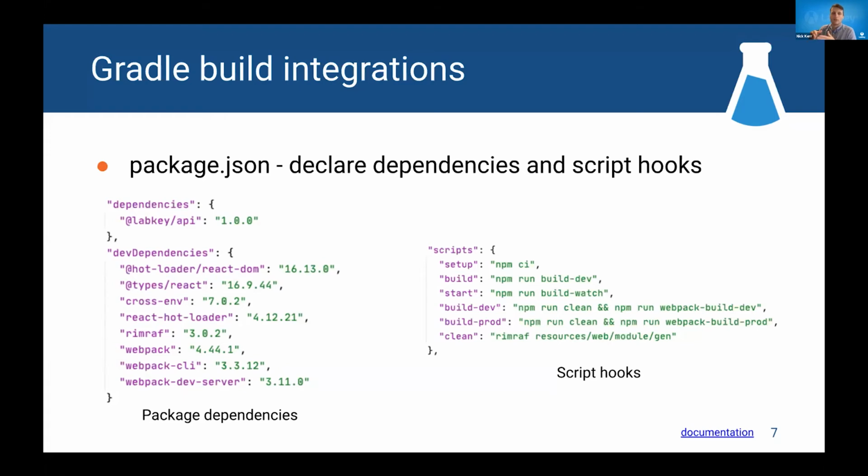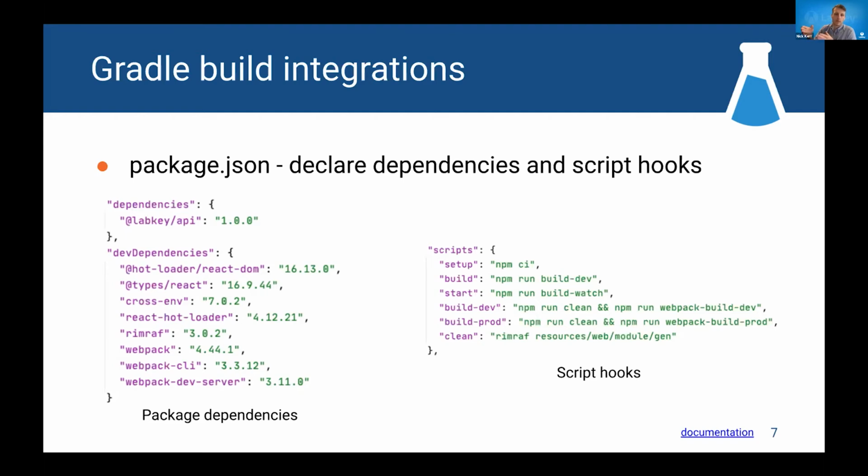What we did is we leveraged that in our Gradle build and said, hey, we're going to expect a couple script endpoints to be there if you have a package JSON available at the root of your module. So if you define a LabKey module and you place a package JSON there, you can create a scripts tag and you can add a setup, a build, and a clean target, and those will automatically get hooked and then run whatever command you want at that time.